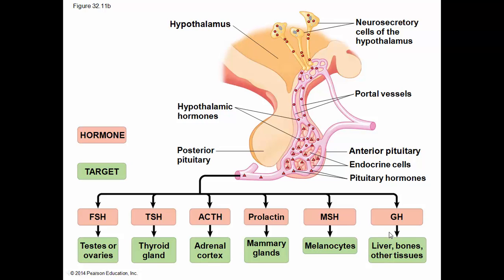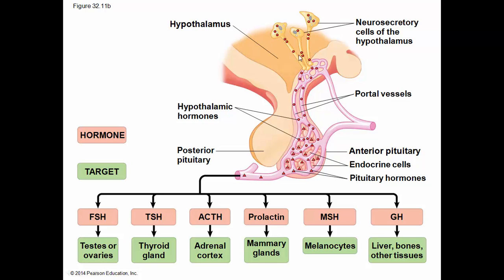All these different hormones are stimulated. The hypothalamus and the anterior pituitary are the master glands.